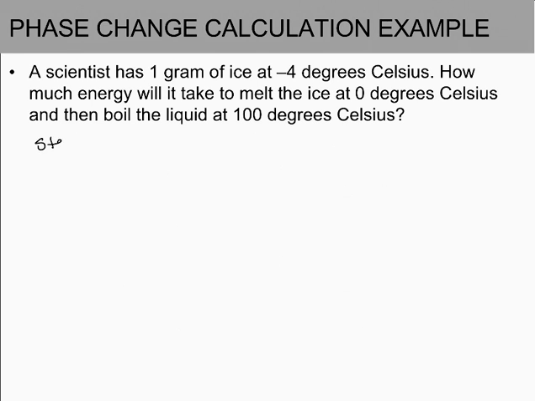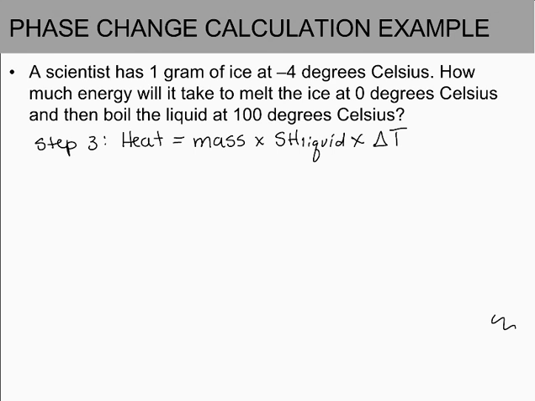Okay, so now step 3, we're going back to equation 1. So heat is equal to mass times the specific heat of liquid water. So this is a little bit different. And then we also need the change in temperature for that step.